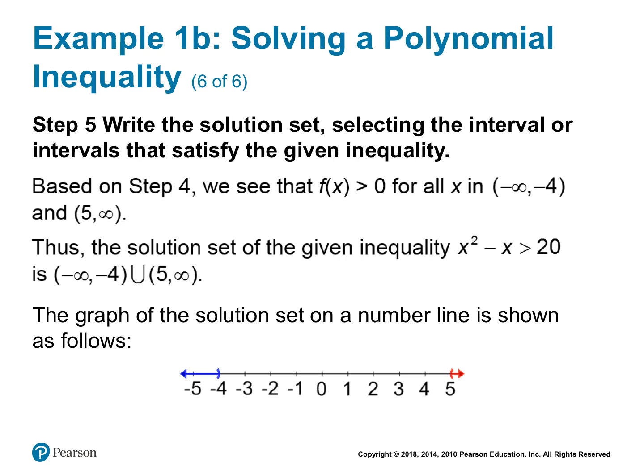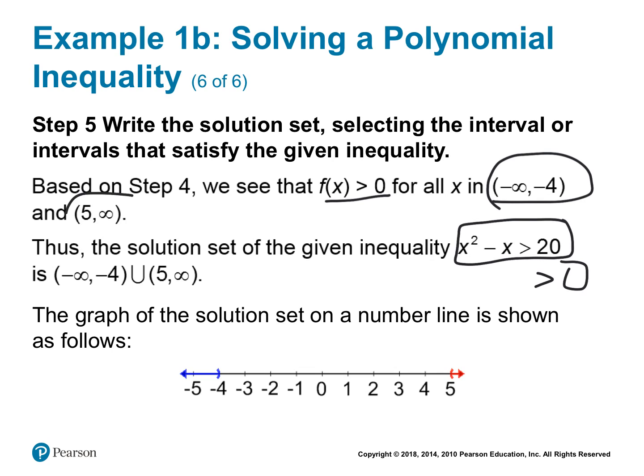Okay, and this was the original. When you move the 20 over, you end up finding what is greater than 0. So the intervals we found greater than 0 were in this interval and this interval. So that's where the blue interval and the red interval come from. You could also write it like this. These are the intervals where it would make it true.